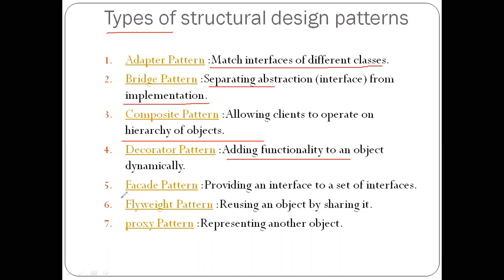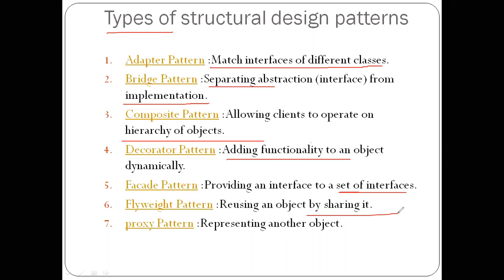Next, the fifth one is the facade pattern. This facade pattern provides a single interface to a set of interfaces here. Next, the flyweight pattern, which is about reusing objects. This pattern concentrates on reusing objects by sharing.